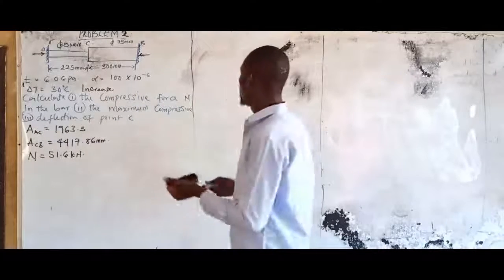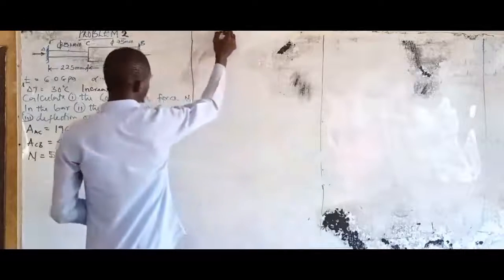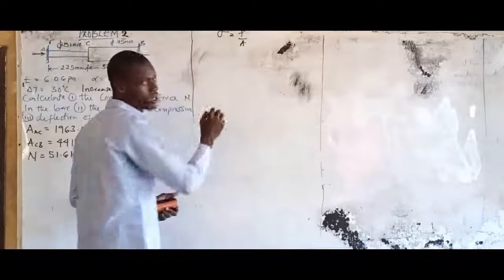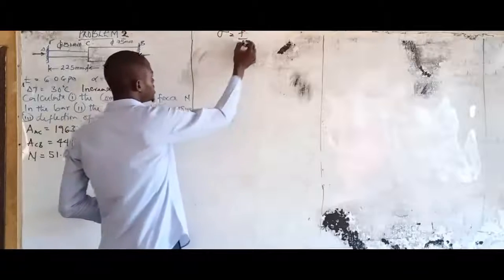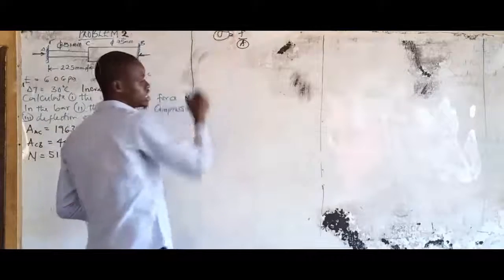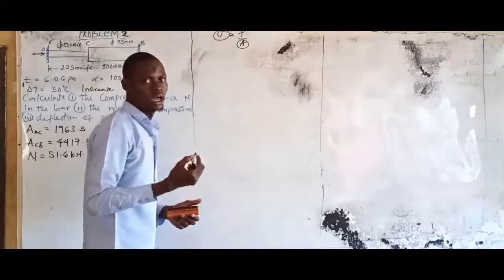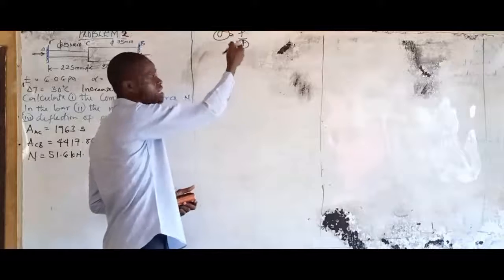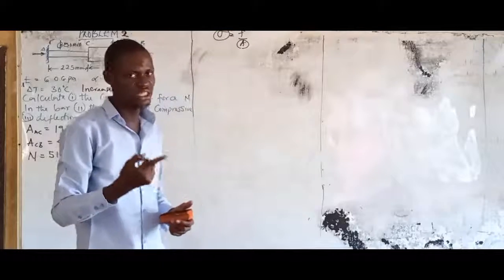According to our listing, stress equals force over area. It simply shows that when there is an increase in area, there is a decrease in stress. In other words, when there is a decrease in area, there will be an increase in stress.